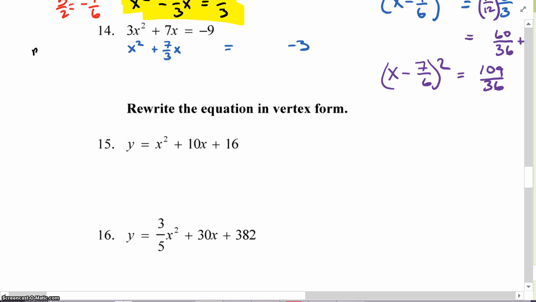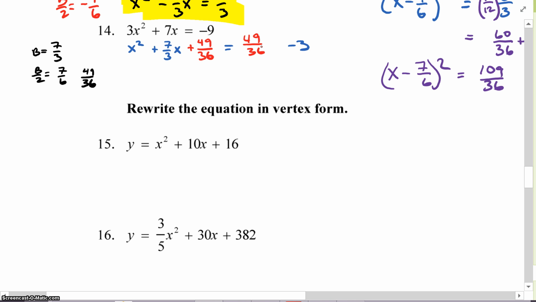Now, my b term equals 7 over 3, so my b over 2 term is going to be 7 over 6. And that squared will be 49 over 36. So we're going to add 49 over 36 to each side of the equation, again, to complete the square.